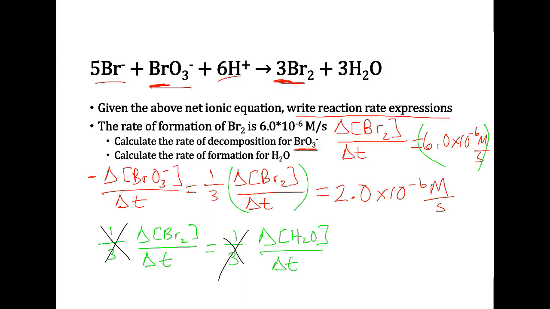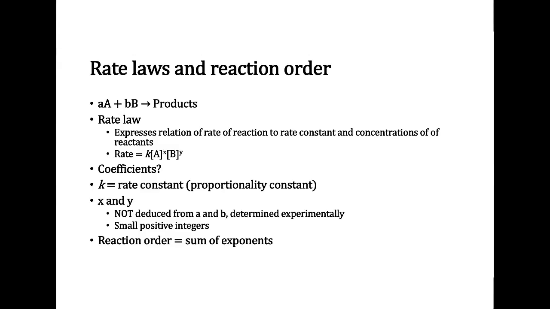So the rate of formation of water should be equal to the rate of formation of bromine. Go ahead and try on your own to compare the rate of formation of bromine to the rate of decomposition of the bromide ion and then the hydrogen ion. Then we can compare those answers later. Next time we'll pick up with rate laws and reaction orders, but go ahead and keep working on those general rate expressions.